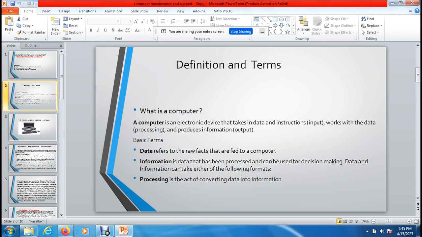So a computer accepts data as input and gives out information as output.